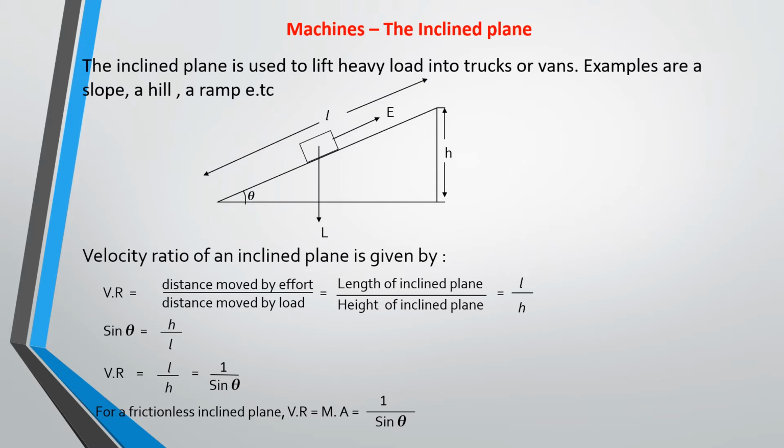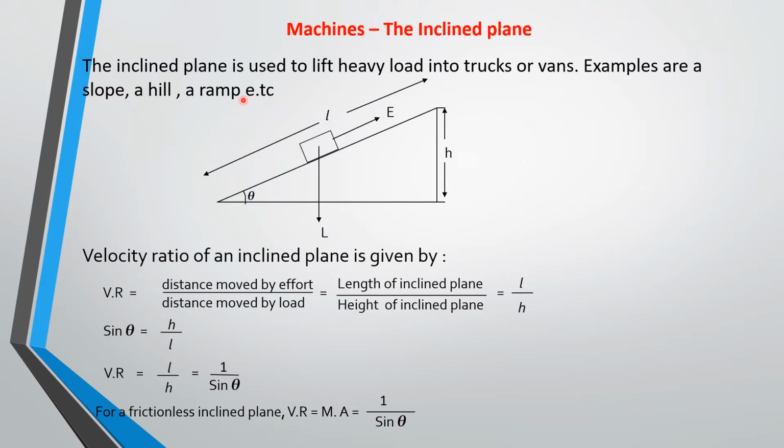With the inclined plane, we just roll it and it will go straight to the back of the truck. Or if you want to offload drums, it is easier with an inclined plane. So an inclined plane is used to lift heavy load into trucks or vans.